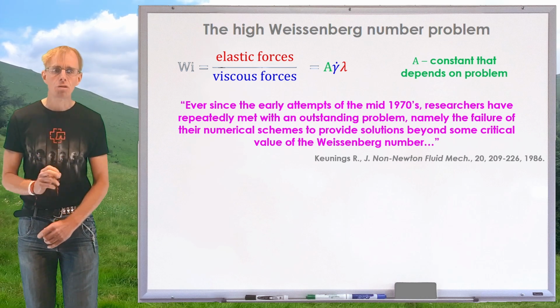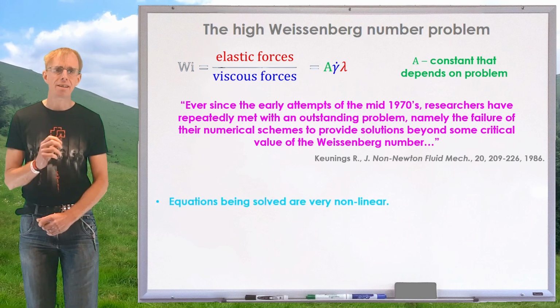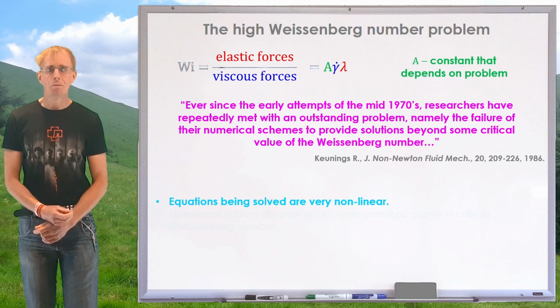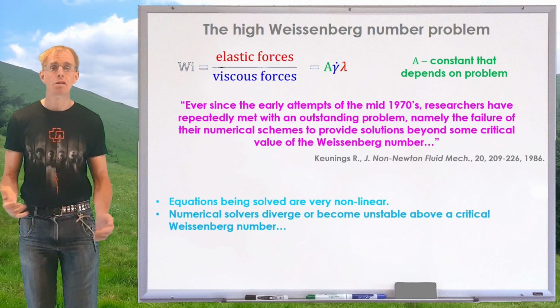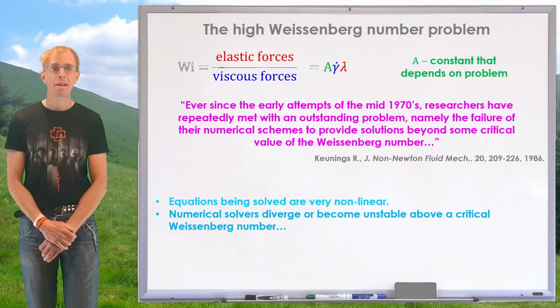So numerical schemes were being thwarted by the incredibly non-linear nature of the equations that are being solved. And what we find is that above a certain Weissenberg number, the numerics simply diverge, or they become so unstable that they don't produce a realistic answer.